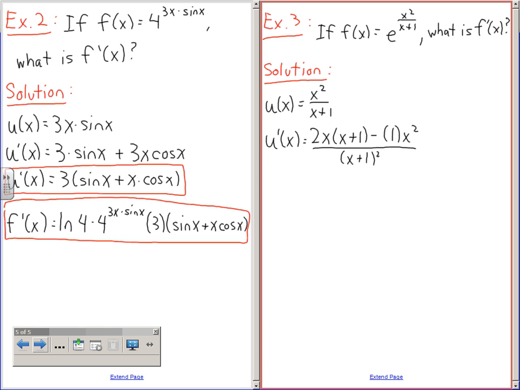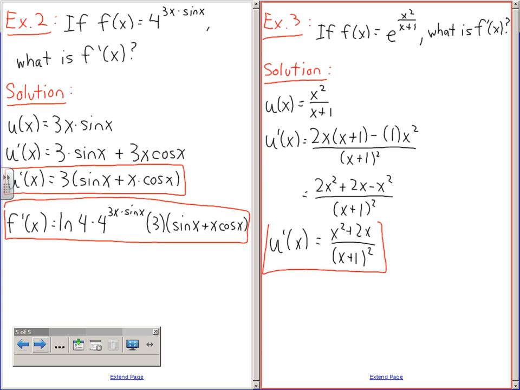I'm maybe going to neaten this one up because I think things might work out a little nicer. So I'm going to call this 2x squared plus 2x minus x squared all over x plus 1 squared. So u prime of x is equal to x squared plus 2x all over x plus 1 squared. Okay. All right, so that's just the quotient rule that I used there.